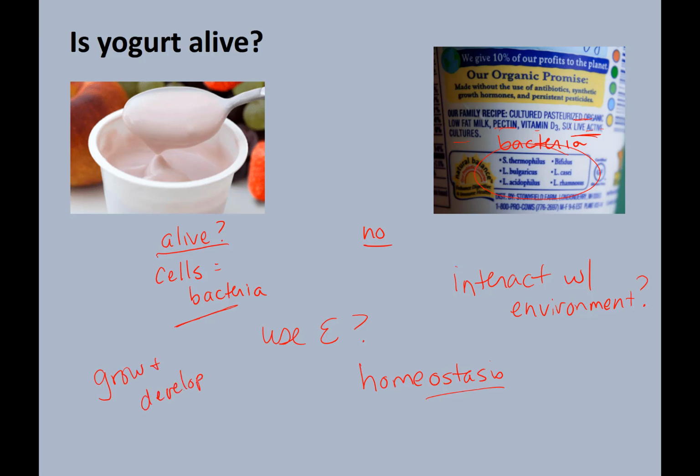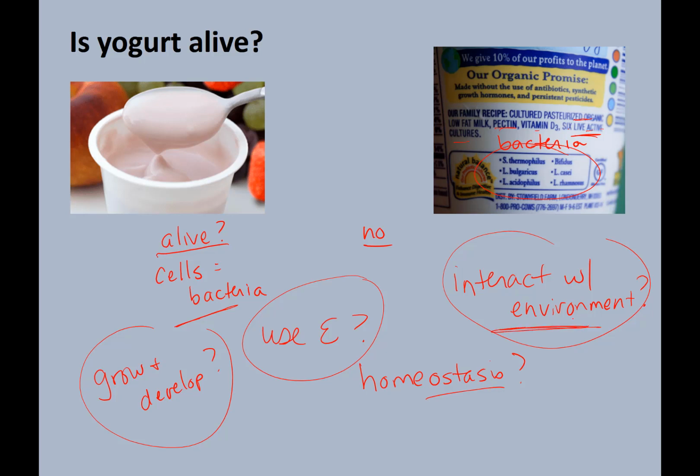What I'm looking for when you answer a question like, is yogurt alive, is that you give me the different characteristics and then explain and justify why you think that shows that yogurt is alive or not. Because there are many characteristics of life that can be applied to non-living things.